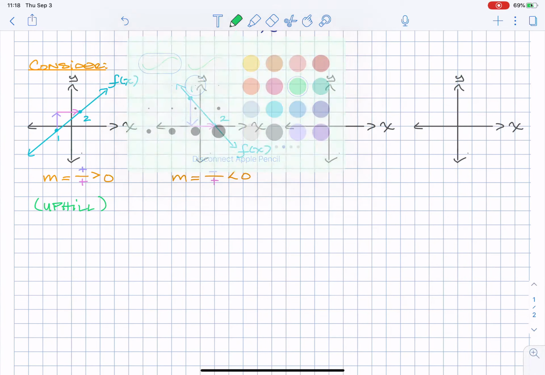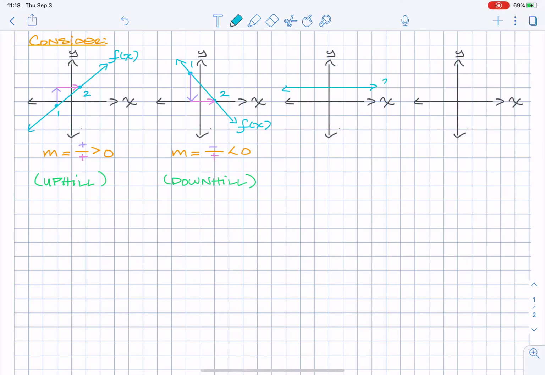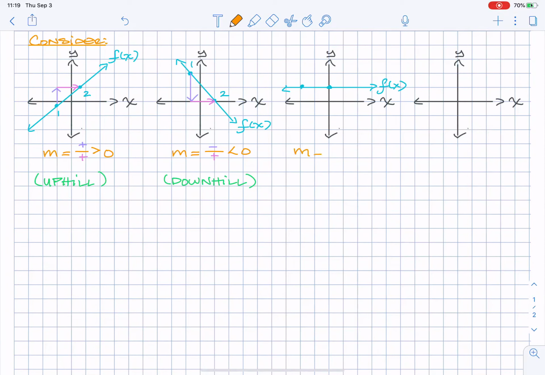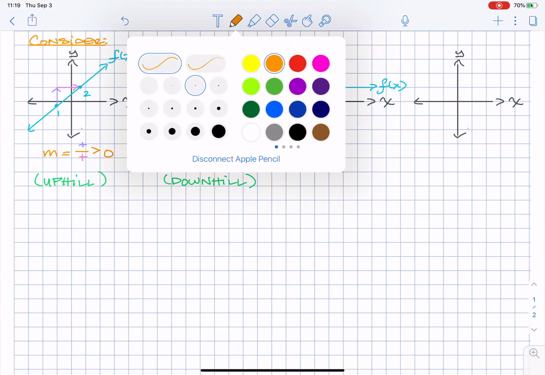Of course, the next one is going to be a horizontal line. If this is my f of x, between any two points I rise 0, right? I can't rise. So the slope is going to be rise 0, but I can run anything I like.